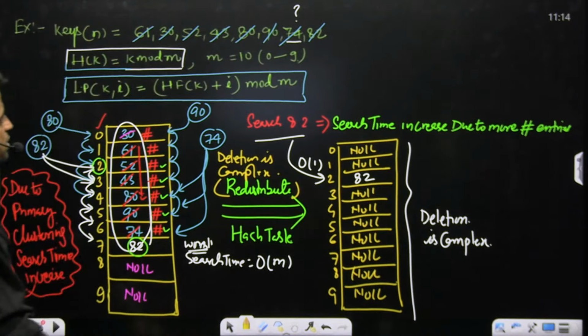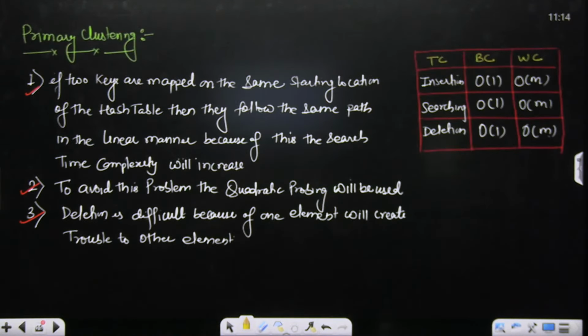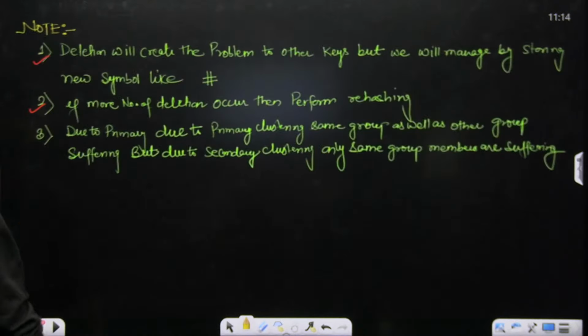Understood. So this is the problem. Okay. Now primary clustering, if two keys are mapped on the same starting location of the hash table, ये already हमने discuss कर लिया है बच्चे.